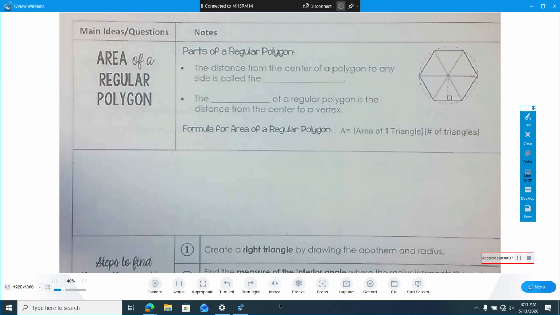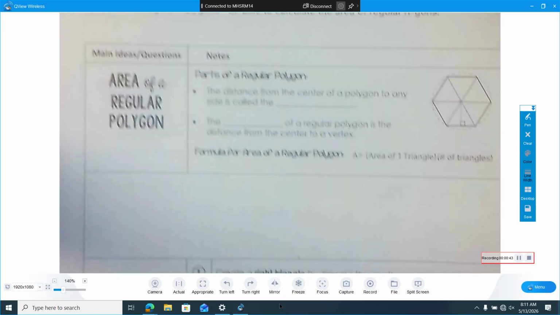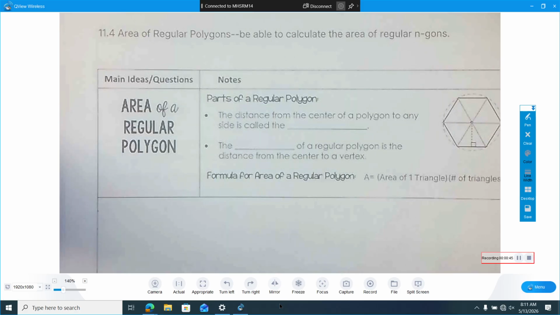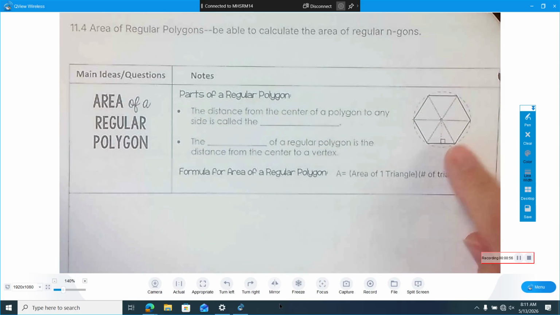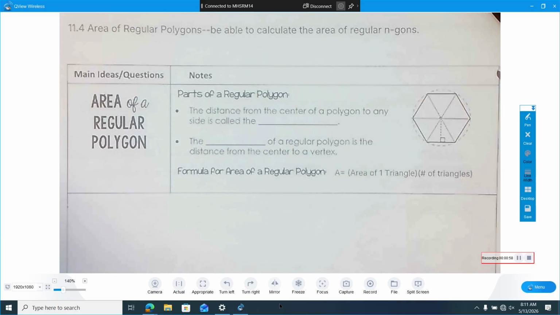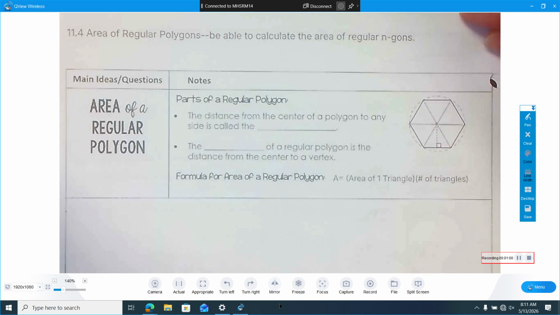All right. So we are talking about areas of polygons today. We want to be able to calculate the area of a regular polygon. A polygon is any many-sided figure. So here we have an example of a 1, 2, 3, 4, 5, 6-sided polygon, a hexagon.